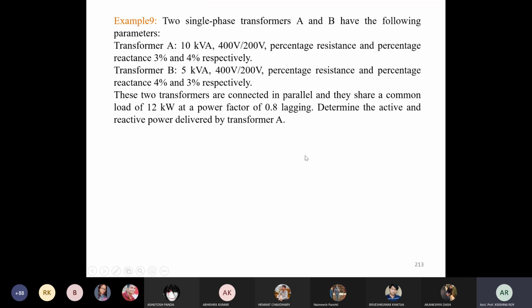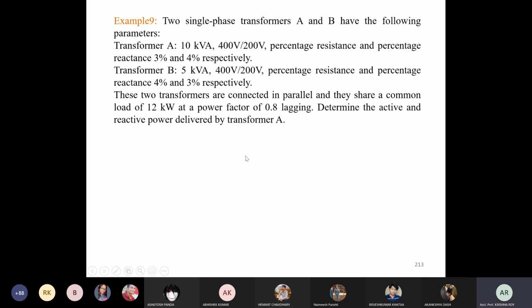So note down this problem and try to solve it by yourself. Take a snapshot. Yes, sir. Okay, done? Yes, sir.